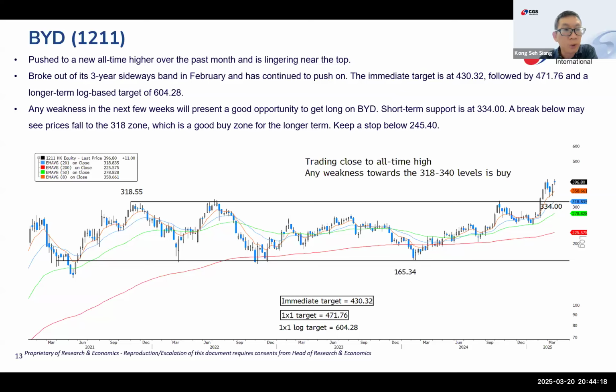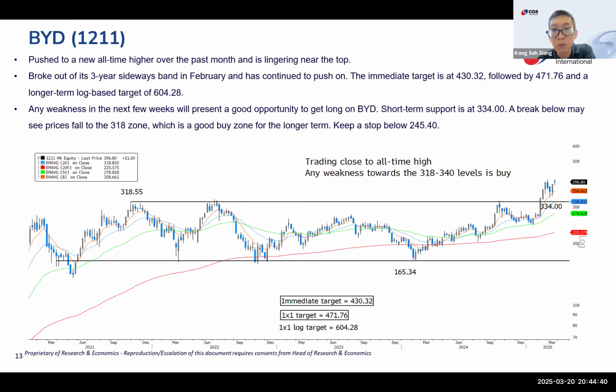BYD, with the news recently of a new shorter charging period for most of its batteries, is actually positive for the stock. But if you take a look at this chart, before this was announced the stock had already run, and the chart also told you this is already a very good stock to look at.